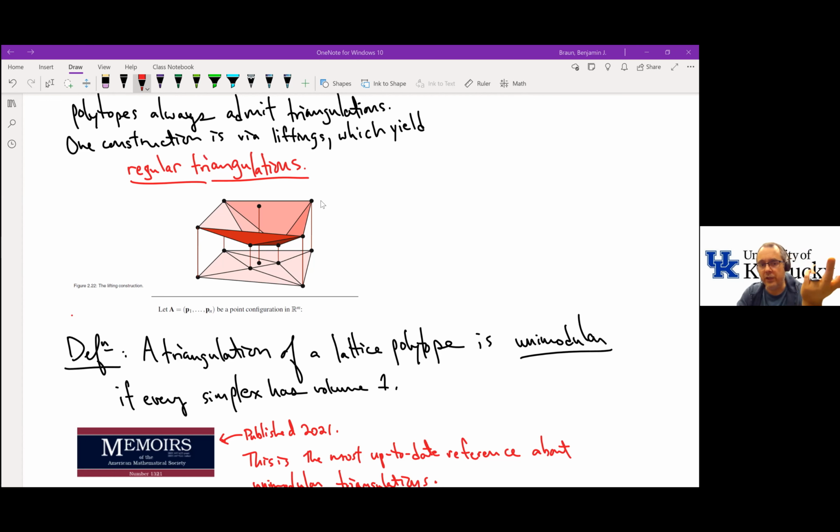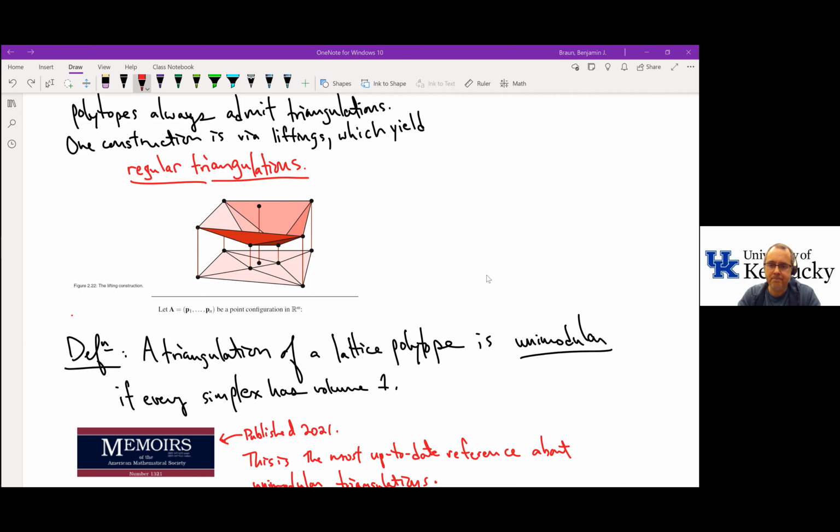And if you lift it in a non-generic way, so maybe these 2 faces here, if when you lifted them they formed a quadrilateral instead of 2 triangles and you projected it back down, then you'd get a quadrilateral. That's a subdivision, but it's not a triangulation. And that's still called a regular subdivision. Any subdivision that comes from a lifting is regular.